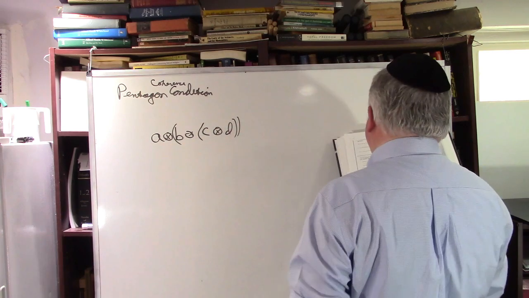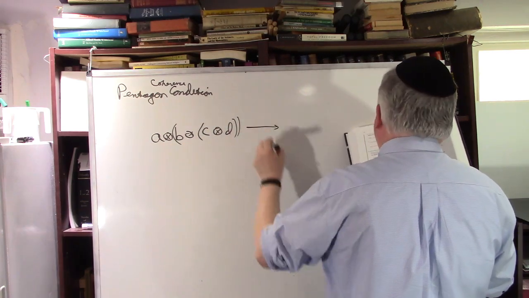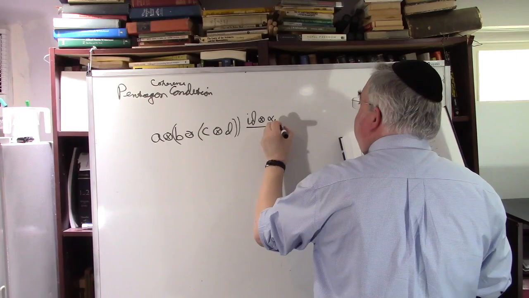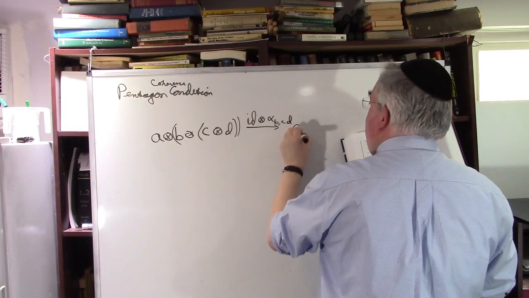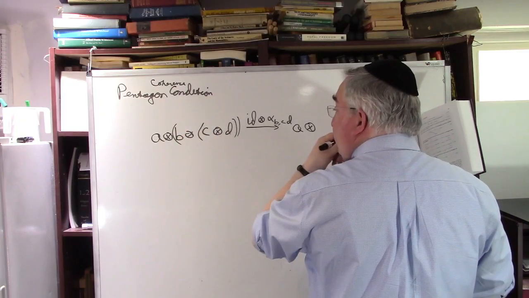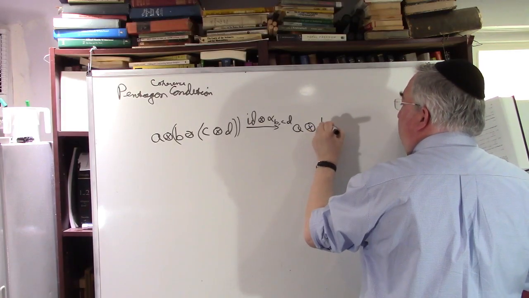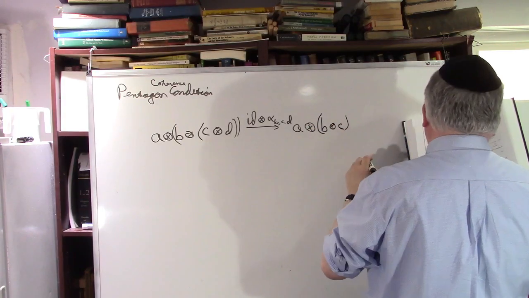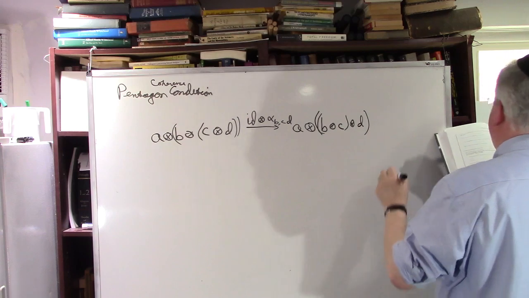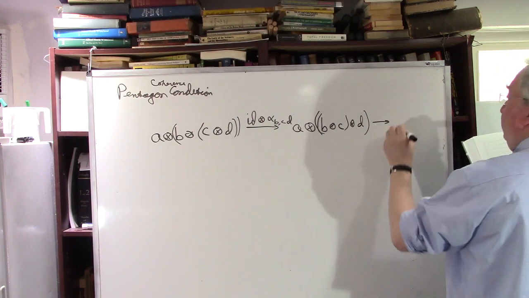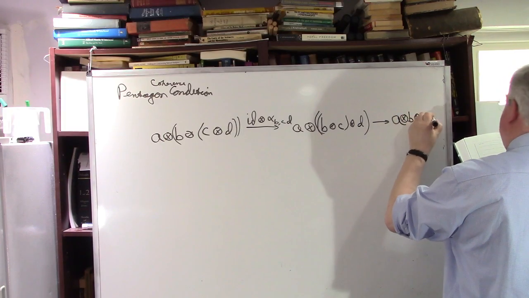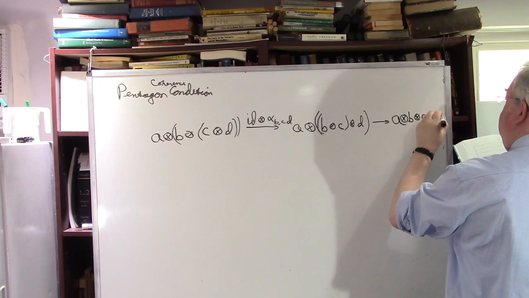So this has 4 things, and this is identity tensor alpha of B, C, D, and so this goes to A tensor, that's on the outside, but we're going to rearrange the parentheses over here, and so this becomes B tensor C tensor D. And this goes to A tensor B tensor C tensor D. You know what?